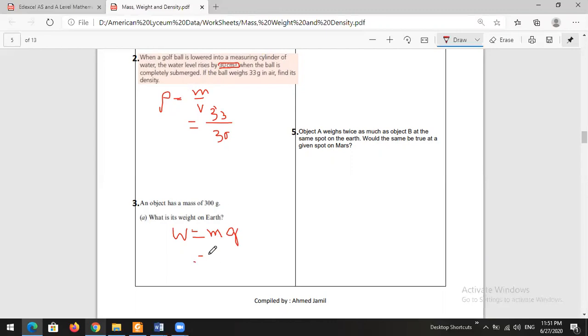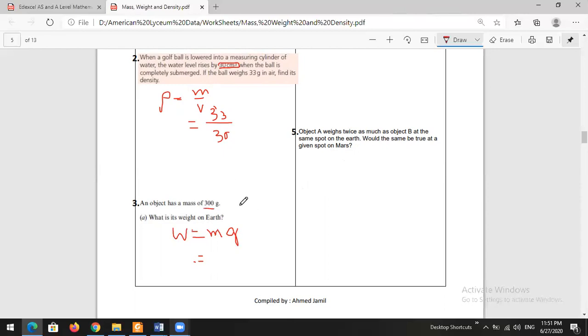So what is mass here? Mass should be written in kgs.